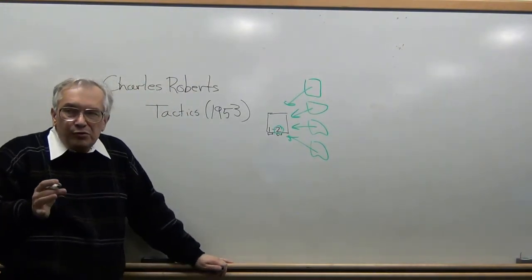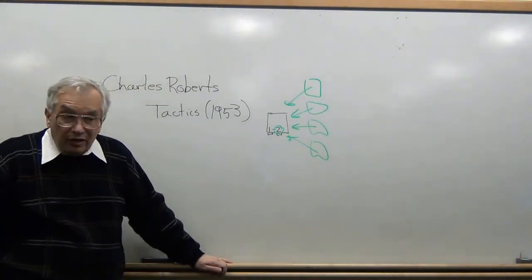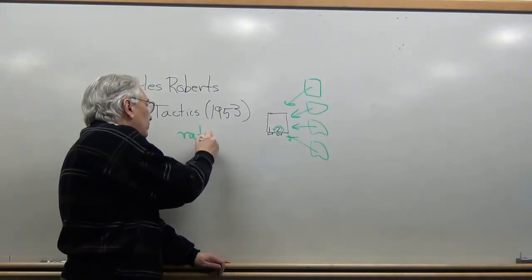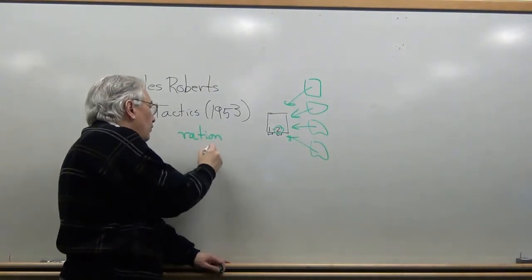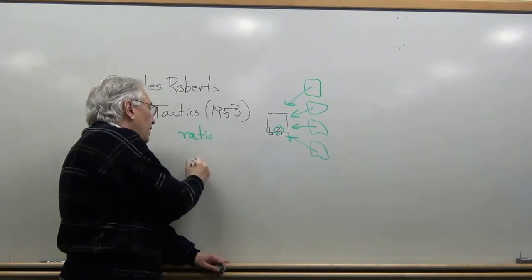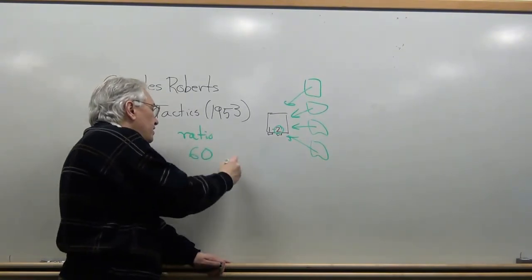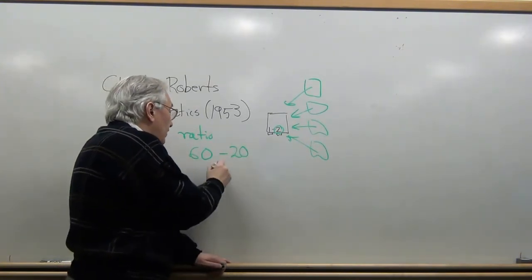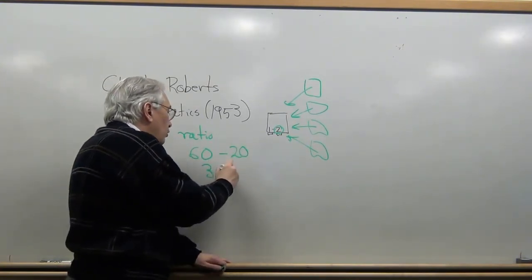Now, the approach used by Roberts, there are alternatives, was to say we will take a ratio, and therefore, if we have 60 factors attacking and 20 factors defending, that reduces to a 3-to-1.